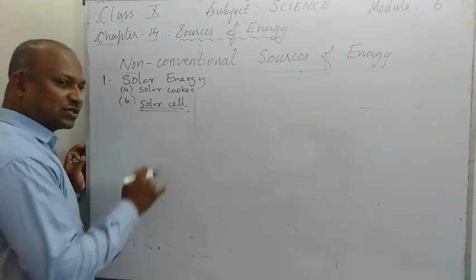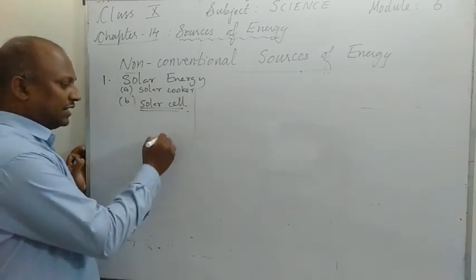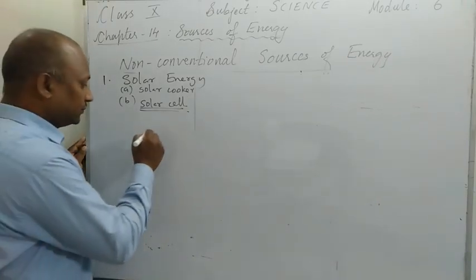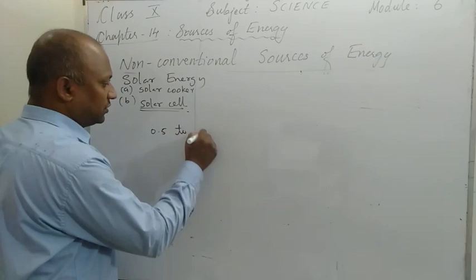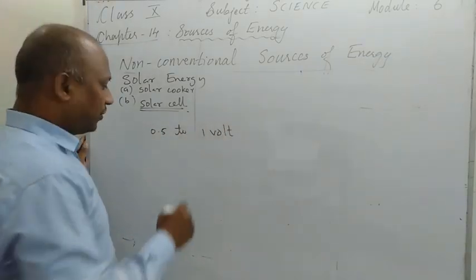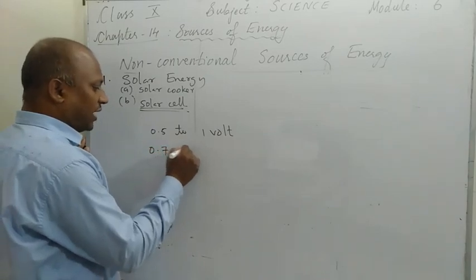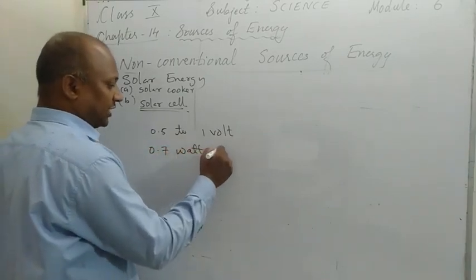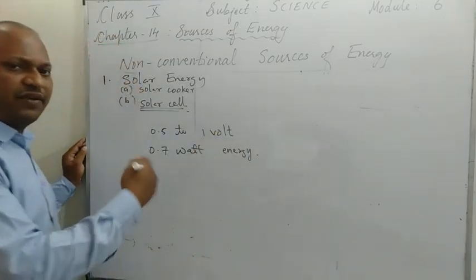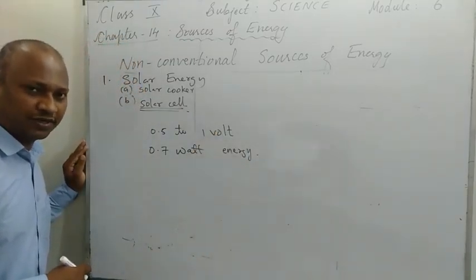One cell can generate almost 0.5 to 1 volt of electric potential difference and almost 0.7 watt of electrical energy. It's a very small amount of energy.